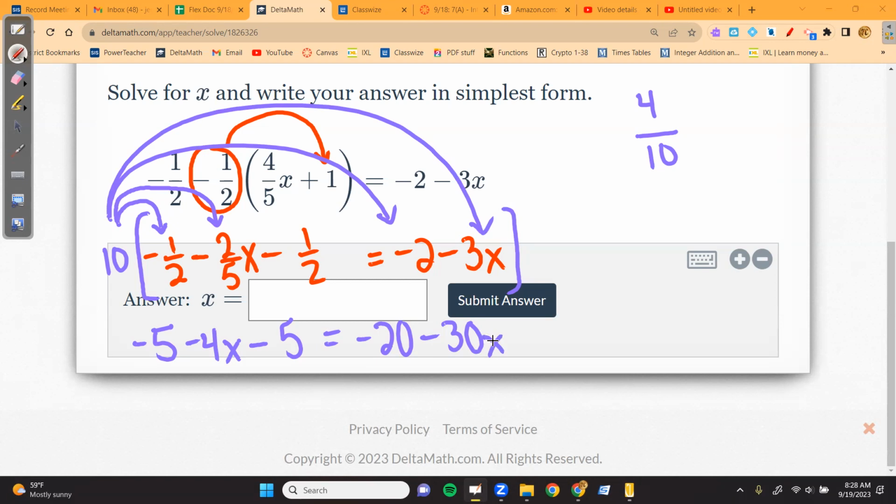Sometimes we prematurely celebrate. And you're like, whoa, there's no more fractions. So let's do it. What do we get? I circled some like terms. -10 minus 4x equals -20 minus 30x.